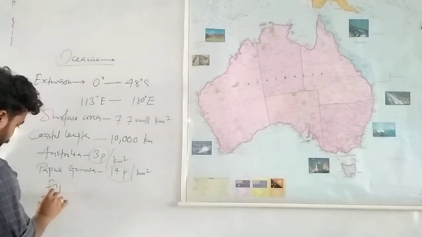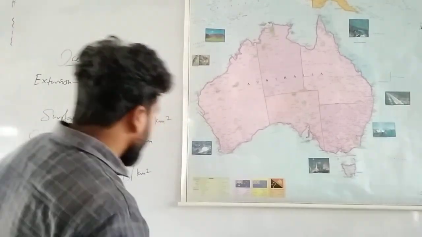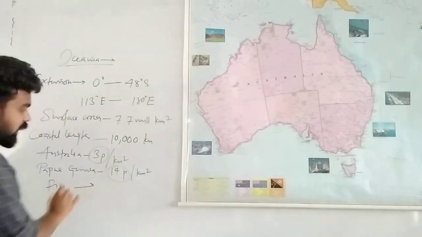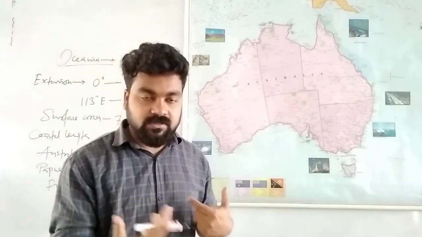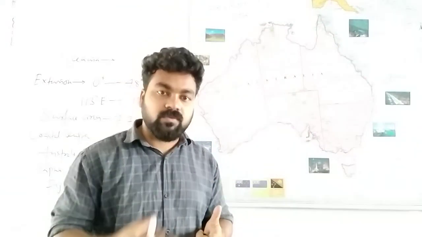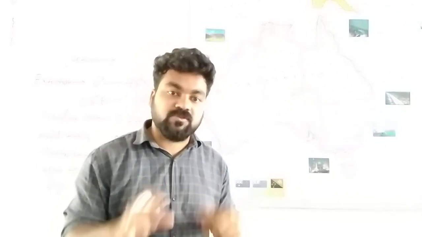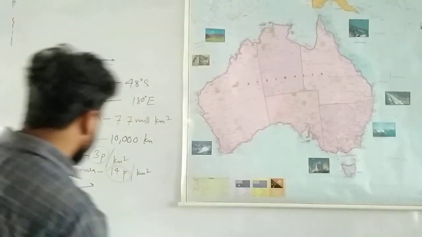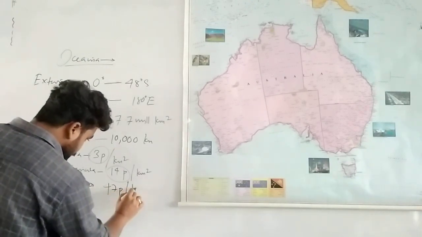Again, Fiji Island, where we can find the largest earthquakes. There are also volcanic islands. We discussed this some time back regarding South America, like the Atacama Desert near Santiago. Generally, all these places are volcanic, emerged due to volcanic eruptions. If you remember, Fiji Island has 47 per square kilometer.